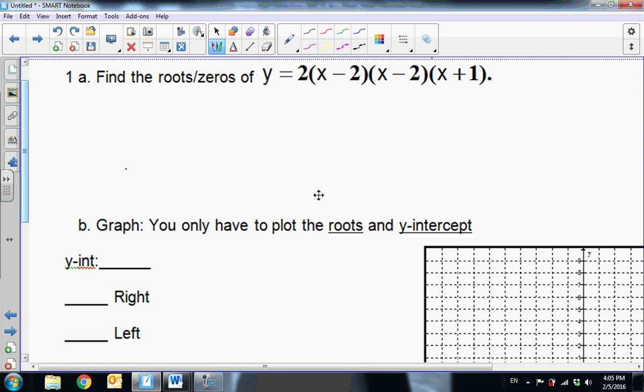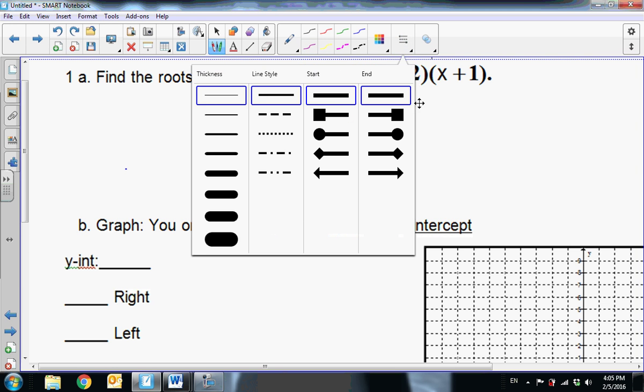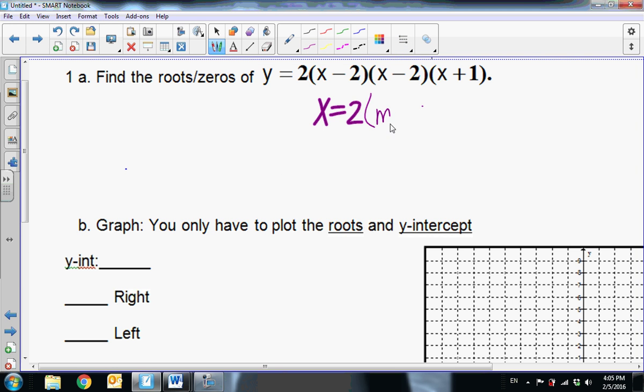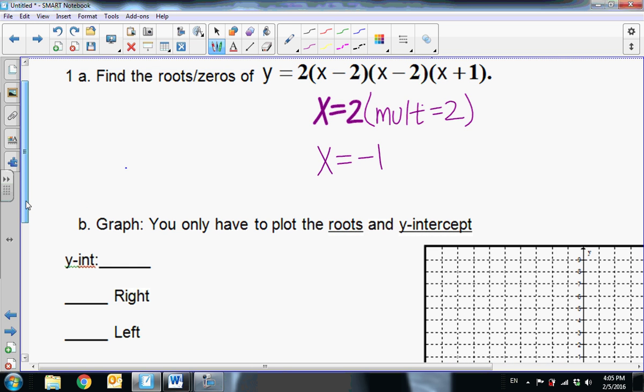All right, so tell me, what do we know? x equals 2 is a root. What do we say about it? Multiplicity of 2. And we also know that x equals negative 1. What's our y-intercept going to be?